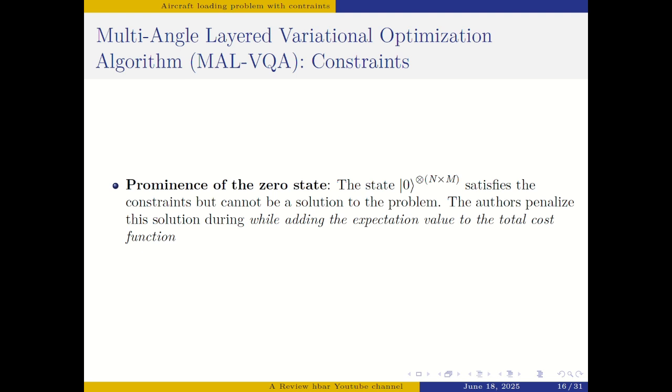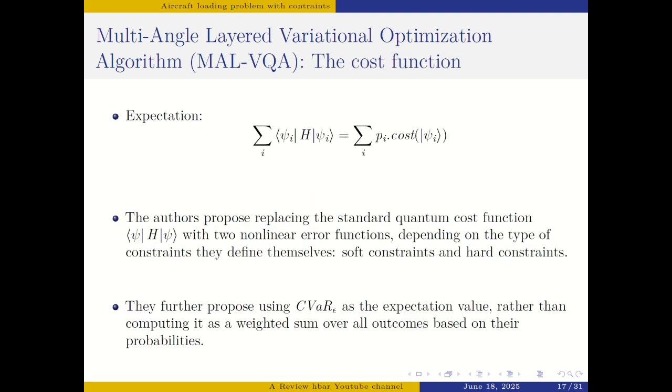Now let's see the cost function in detail. One of the main contributions of the author lies in the design of the cost function. They propose a nonlinear penalty function that allows for more customized penalization of solutions that violate constraints.